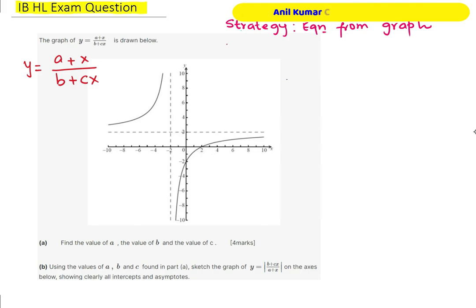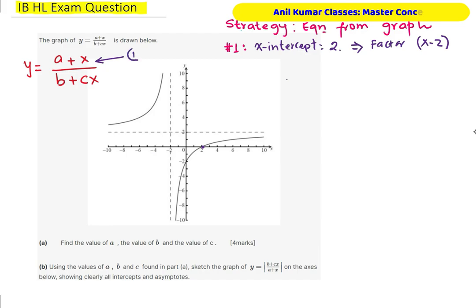So step 1, the question you should be asking: what is the x-intercept? The x-intercept is at 2, and that gives you a factor, which is x minus 2. This factor will go in the numerator. That comes from our first question.